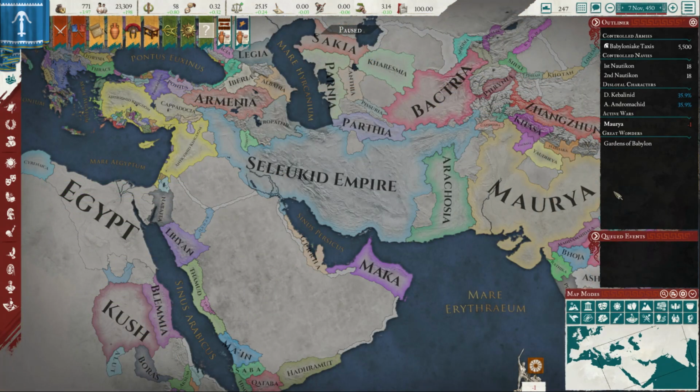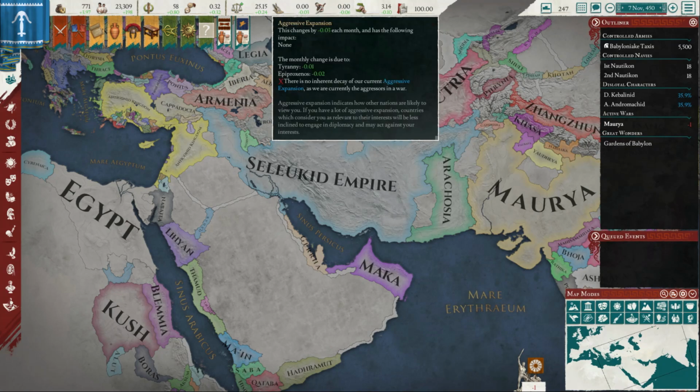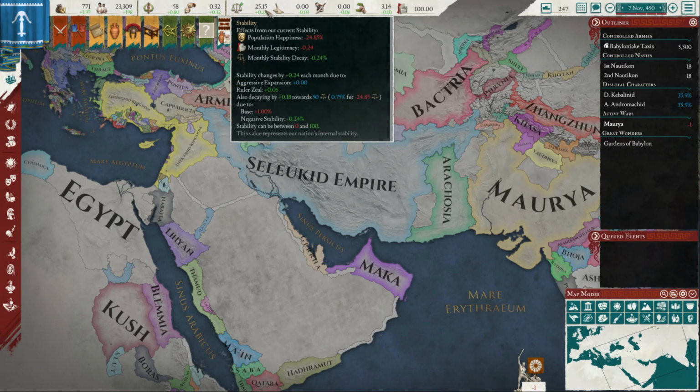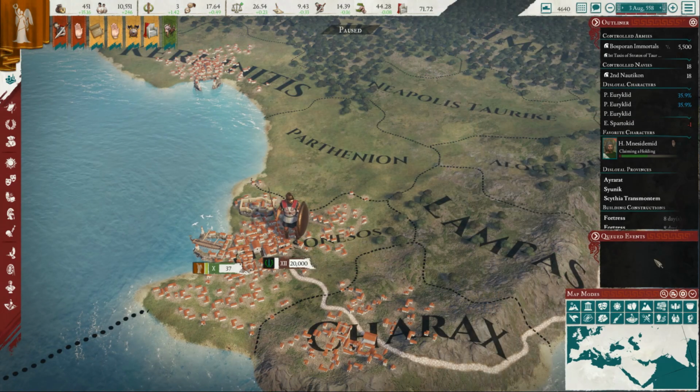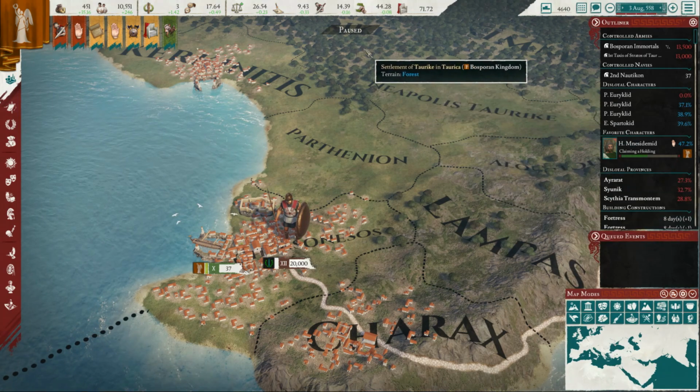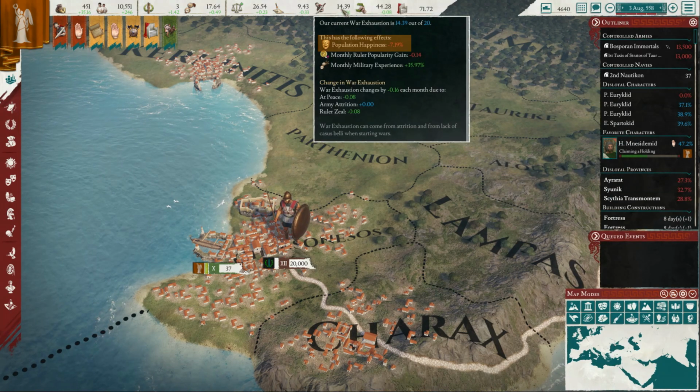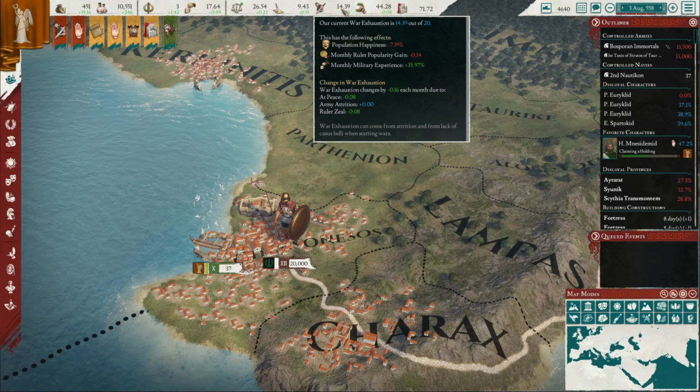And finally, keep an eye on stability and war exhaustion. Negative stability, so anything below 50, can start to affect your pop's happiness. The lower the stability, the bigger the decrease, and this can be a killer in provinces that already have large amounts of unrest. The same can be said for war exhaustion. The higher the value of war exhaustion, the bigger the decrease to pop's happiness.